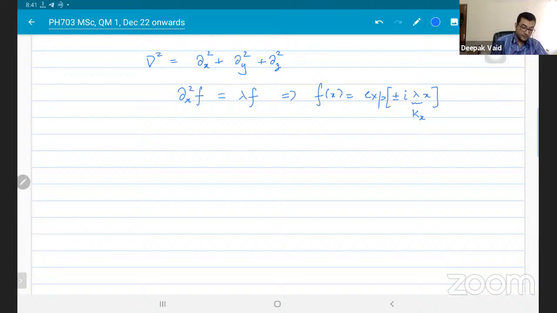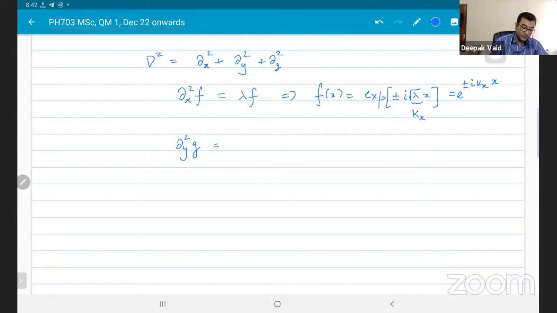So the eigenstates are e to the plus minus i kx times x. Same way for the others, so this should not be lambda, this should be root lambda.